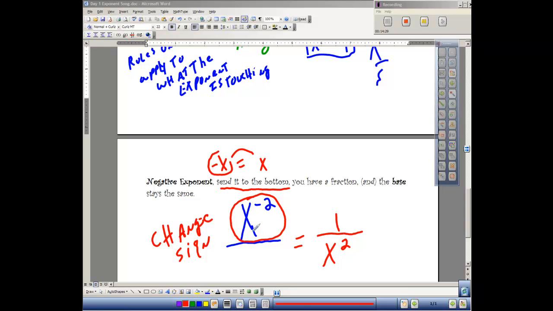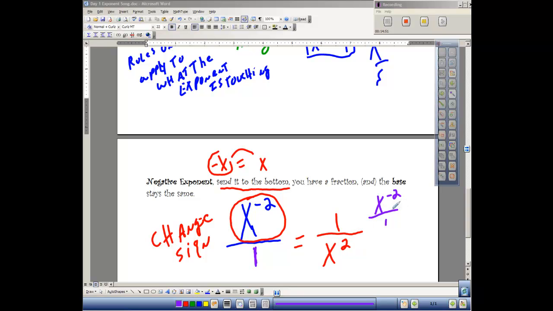So the negative becomes a positive, and we just flip it. We have x to the negative 2 over 1, and that's what this represents. There's an invisible 1, always in the denominator. You flip the denominator and numerator and change the sign. That's all we're doing.